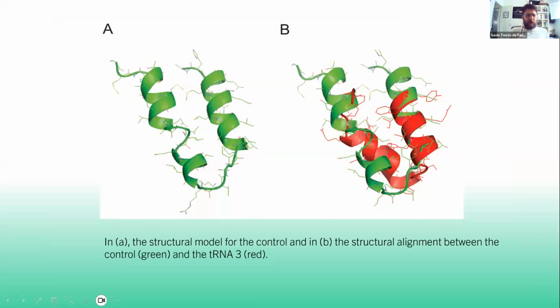In this picture, you can see in A the ancestral part of the RNA-dependent RNA polymerase derived from the modern proteins. And in red, you can see the RNA-dependent RNA polymerase derived from the translation of the tRNA ancestral sequence. When we did the structural alignment, you can see that the structure is practically the same. Okay.